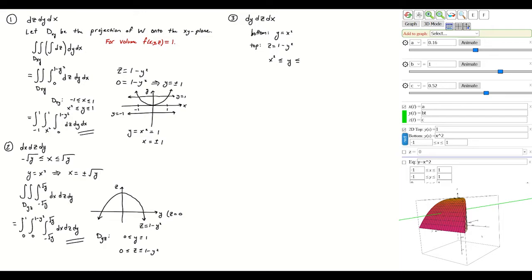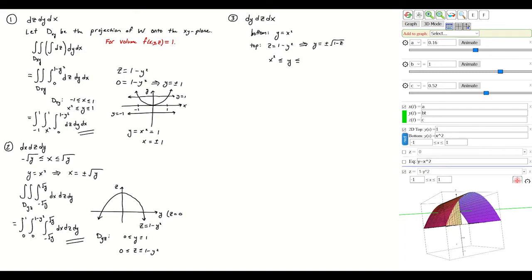Now, however, when we solve the top surface for y, we're going to get a square root, so we're going to have plus or minus the square root of 1 minus z. Okay, so which one do we pick? Well, notice that for this surface, z equals 1 minus y squared, we want this half.